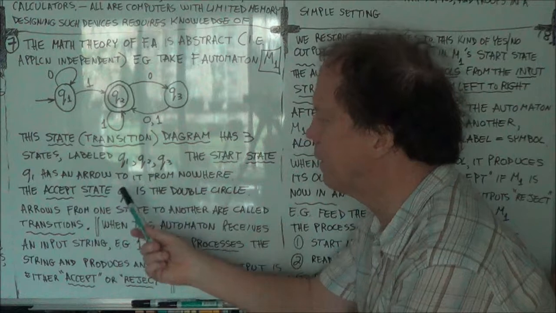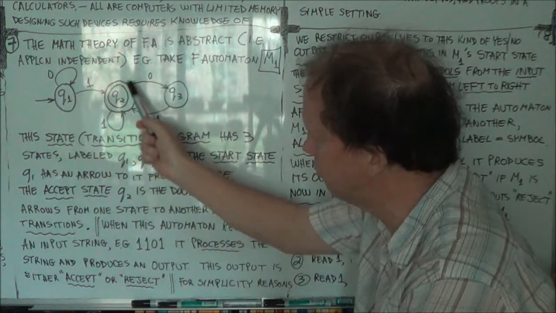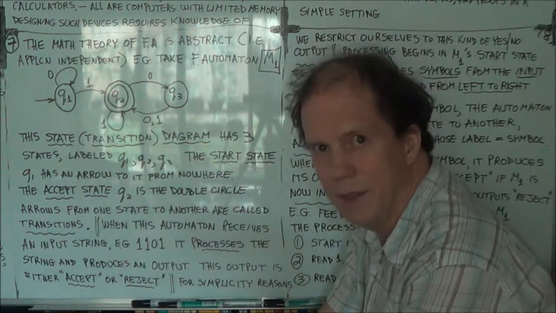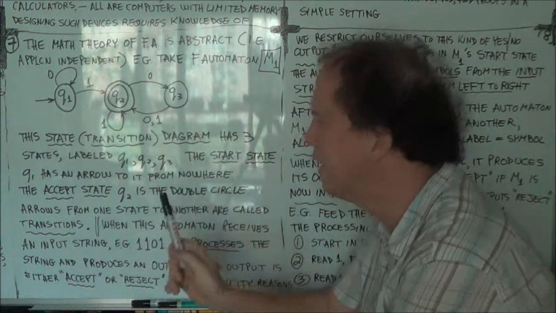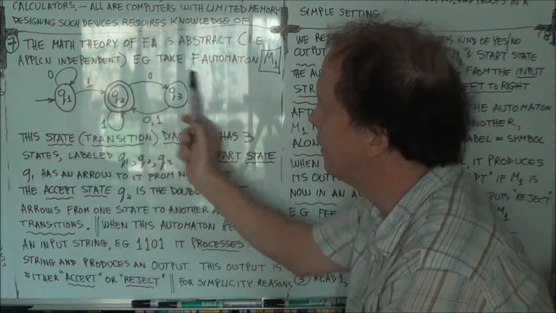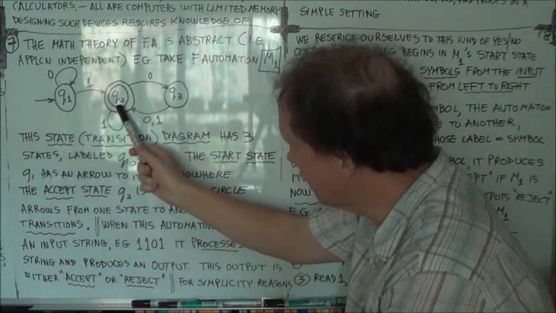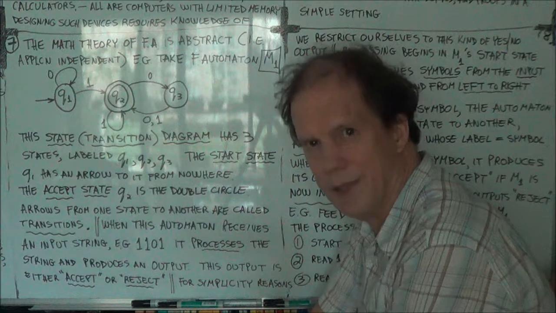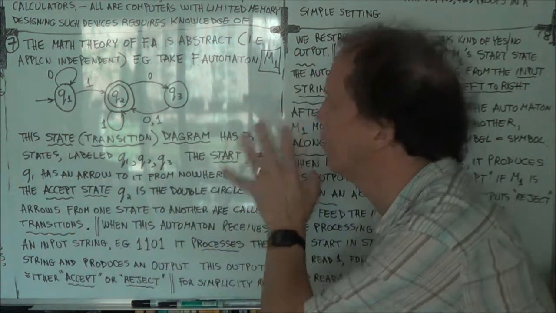We'll come on to that, but I can label that kind of state that you represent with 2 circles. It's called an accept state. Accepting what? Later. But if you see 2 circles like this in a state diagram, that particular state, in this case Q2, is called an accept state. Now, what that means and why, we'll do that later. Don't worry about it.